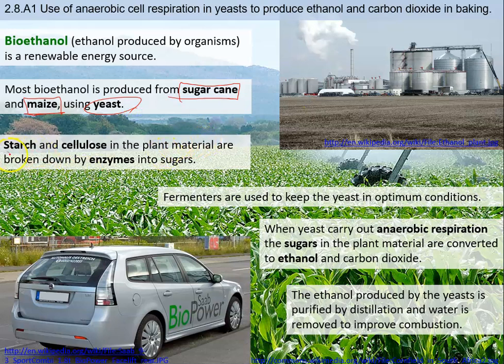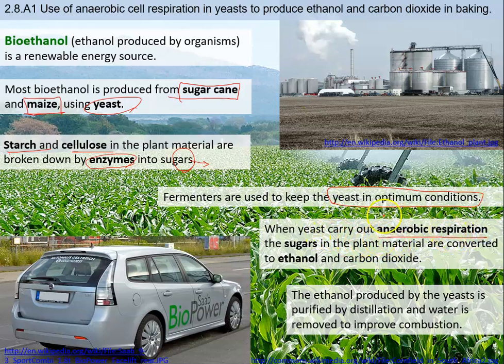The starch and the cellulose in the plant material are broken down by the enzymes into sugar. So the key point is sugar, and once the starch and cellulose from the sugarcane and maize are broken down using the enzymes to sugar, then these sugars are exposed to the yeast, and the yeast, already in the optimum condition, starts to do the anaerobic respiration.